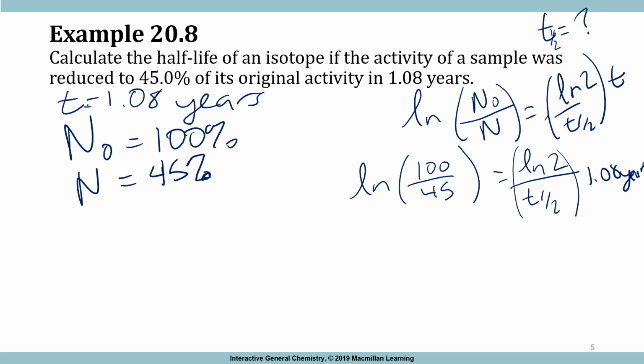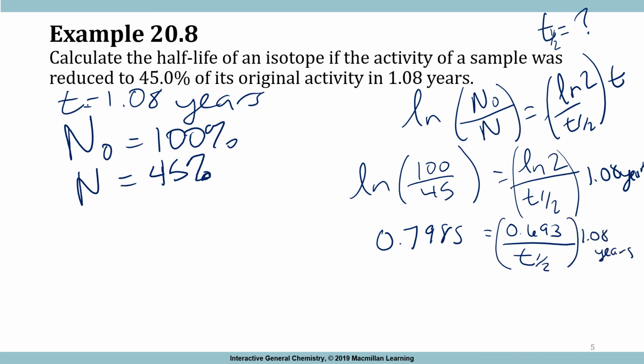So let's plug in those values. Okay. So I get 0.7985, and the natural log of 2 is just 0.693. So if I want to isolate and get half-life by itself, I'm going to start by dividing by 1.08 years.